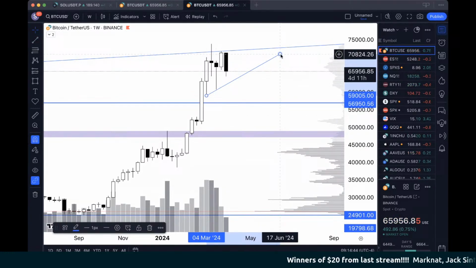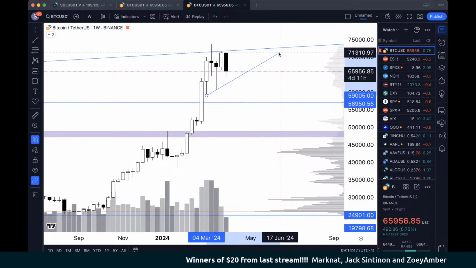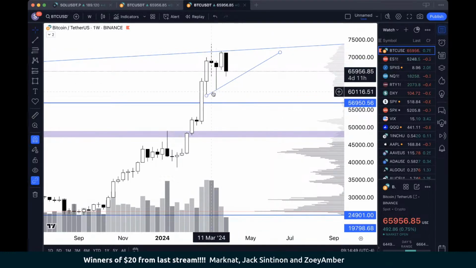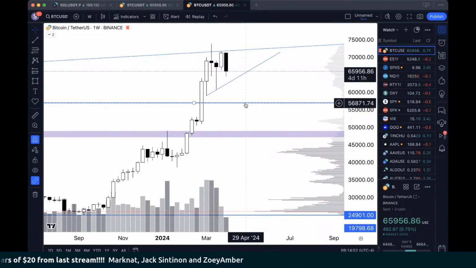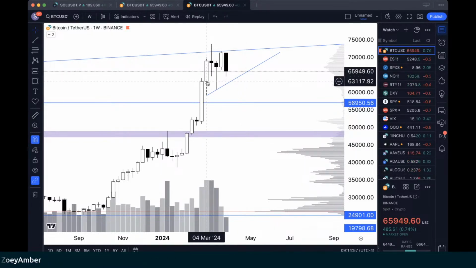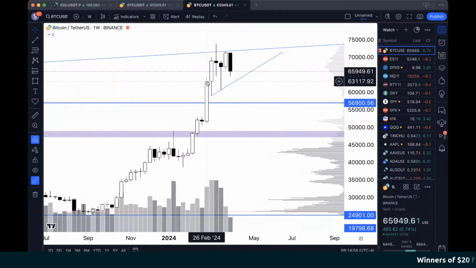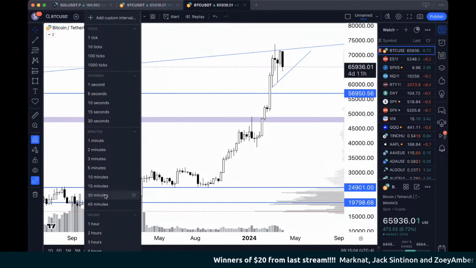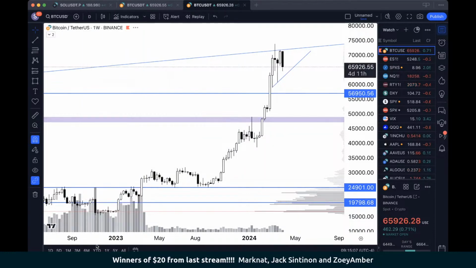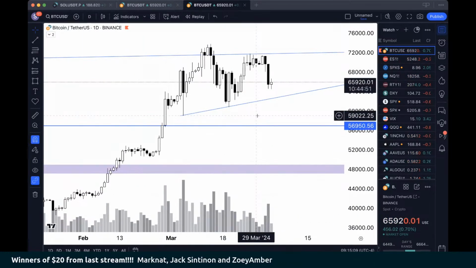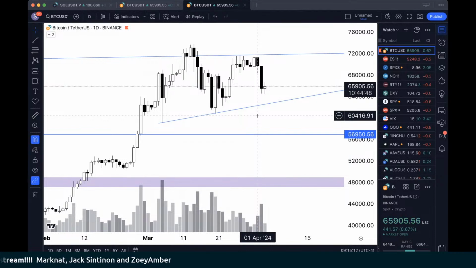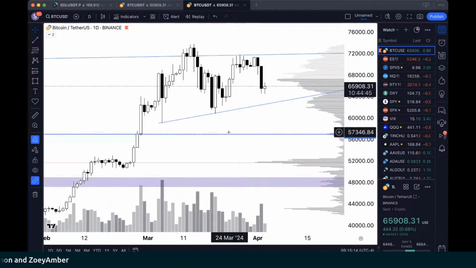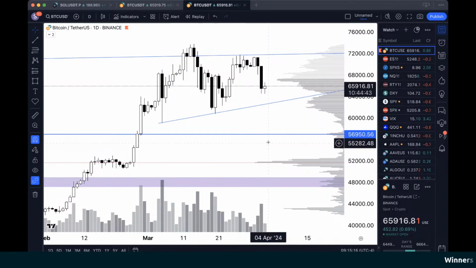This kind of higher low situation going on here is kind of important. Okay, so what we have here is a very, very important level around 57K.